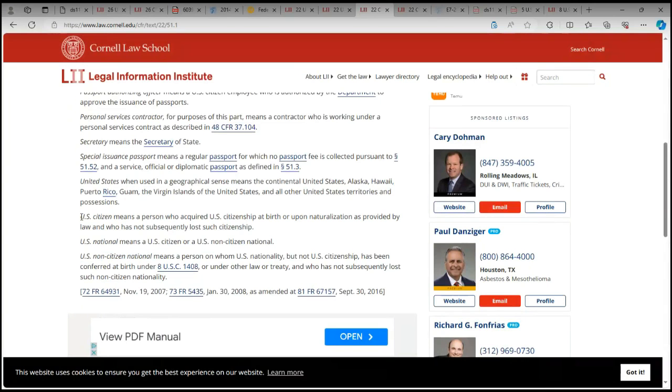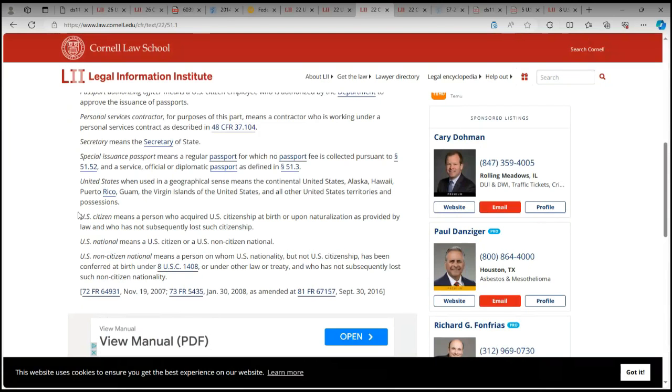So if you still want to claim that you're not a U.S. citizen, then the only other person is a U.S. non-citizen national, which means a person on whom U.S. nationality, but not U.S. citizenship, which a lot of us believe has been conferred at birth under Title 8.